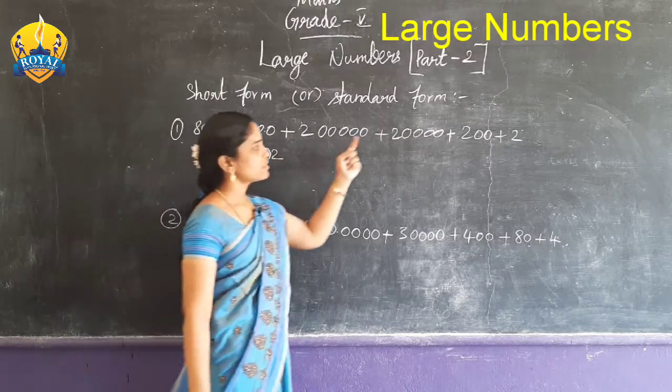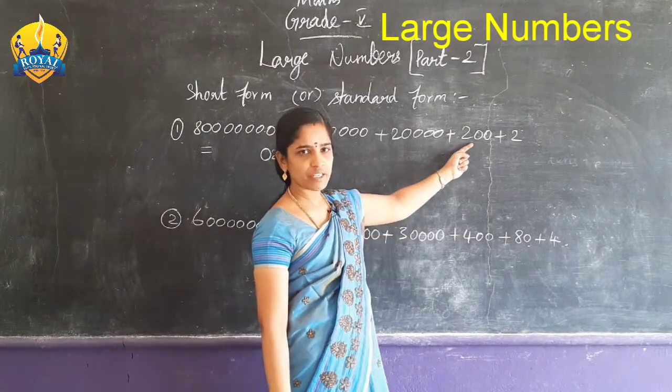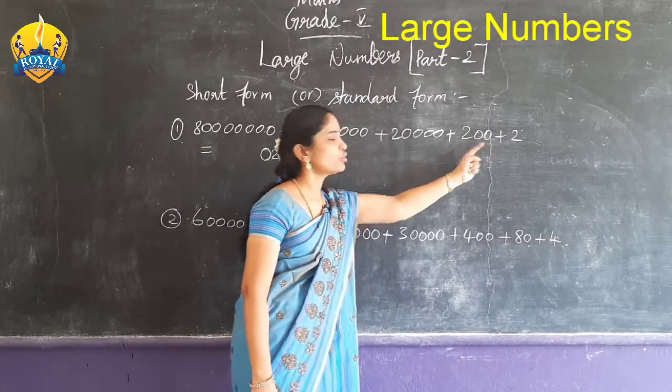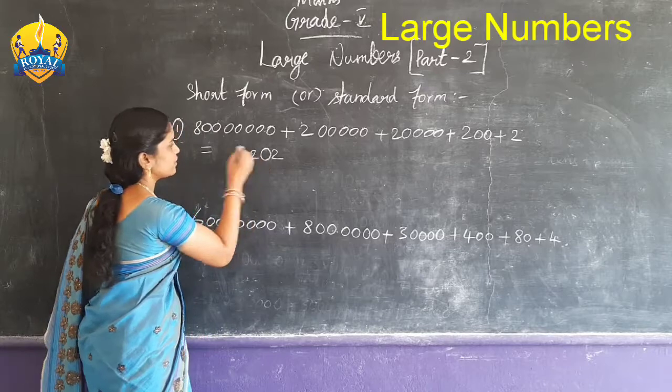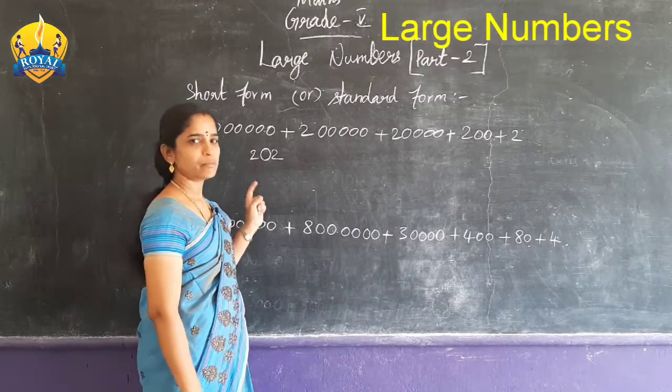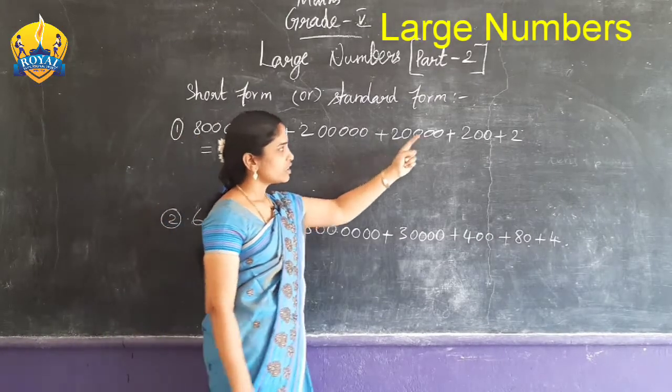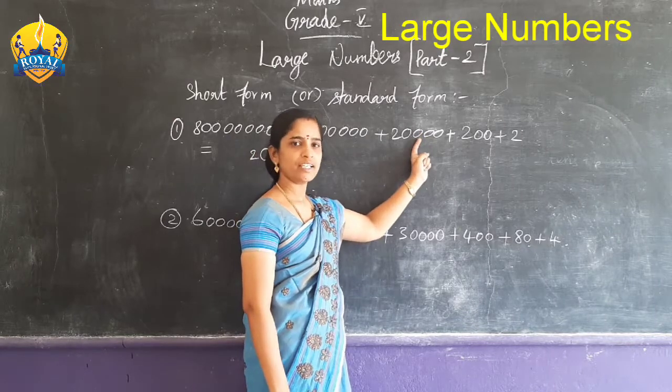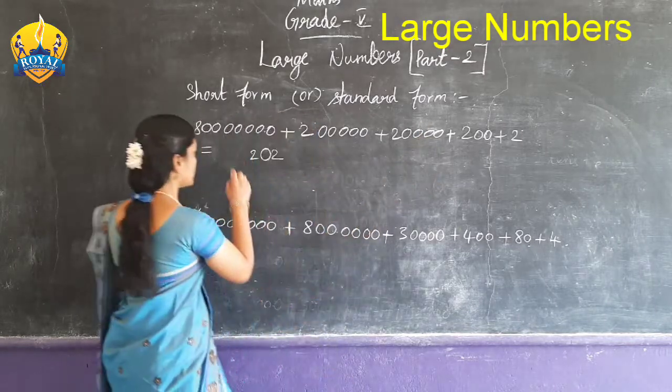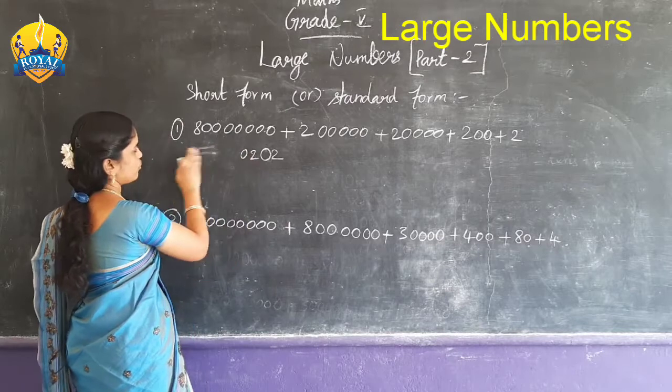Next, what number in the hundreds place? Here 200, so we write 2. The next one, thousands, no number in the thousands place, so we write 0.